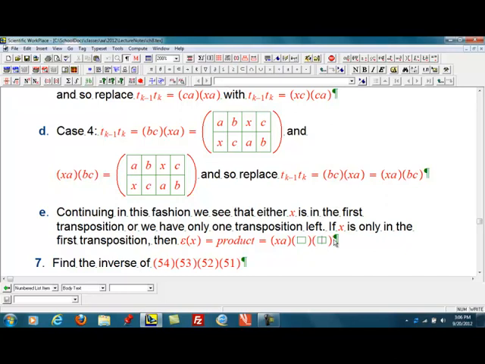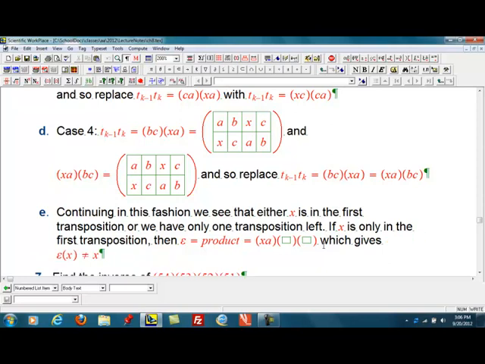You know, where this is just notes here. This epsilon transposition is going to be equal to that, and that tells you epsilon of x is not equal to x.